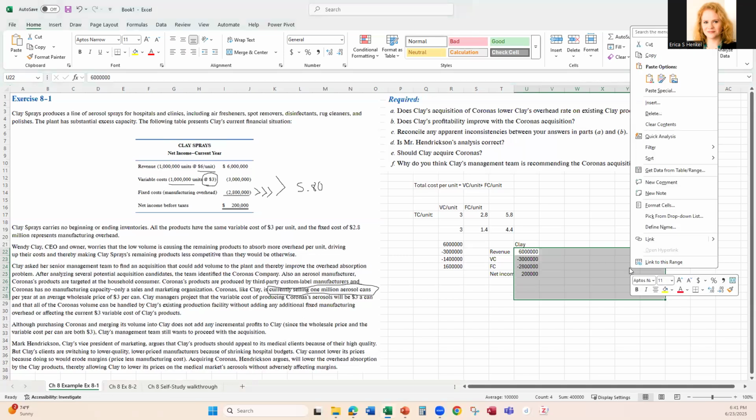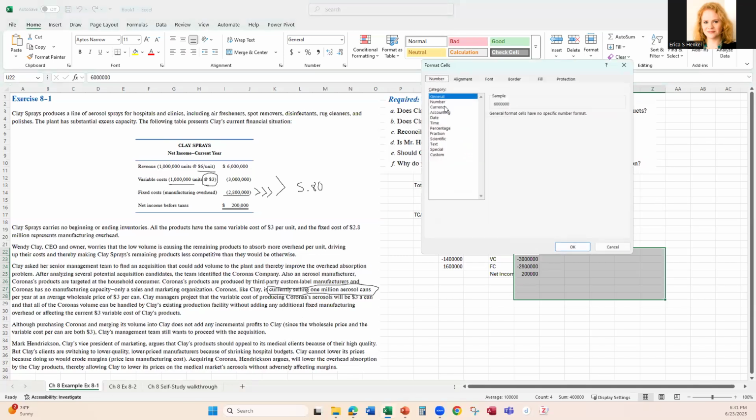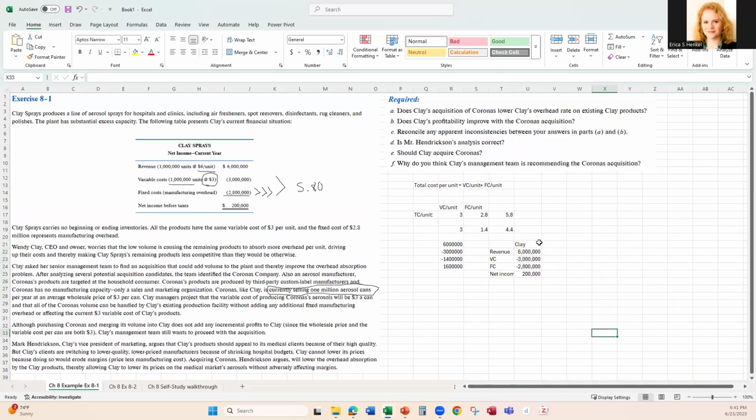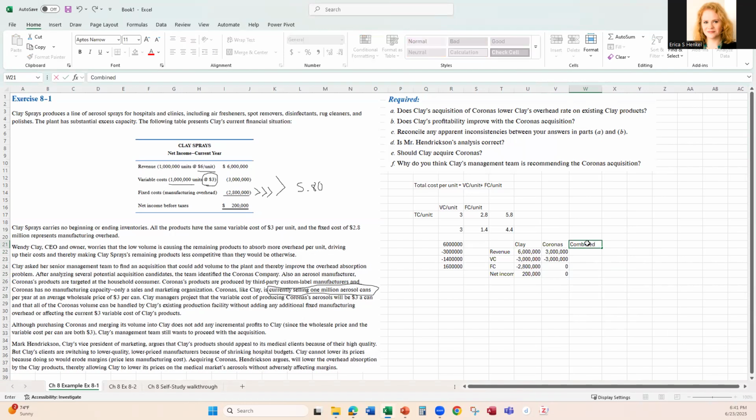Let me just put my commas in there. So if we do Coronas alone, we end up with basically zero profit. And if we combine them just on this basis, we still end up with the same 200,000.